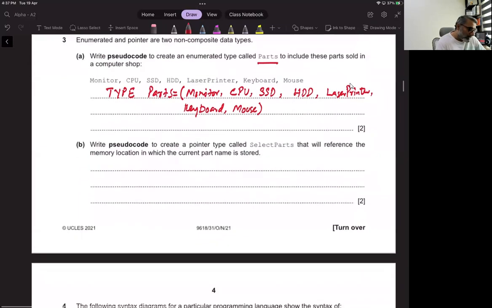Number 3B, write pseudocode to create pointer type called select parts that will reference the memory location in which the current part name is stored. Remember, when we create a variable of this type, this pointer will be pointing to the location of that particular variable.